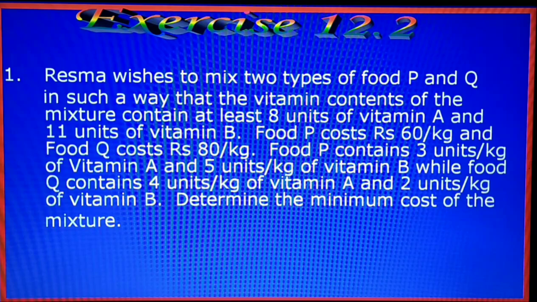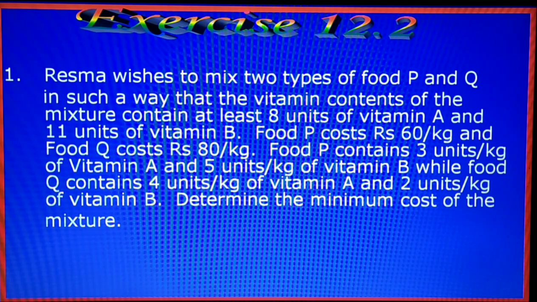Exercise 12.2, Question number 1. Reshma wishes to mix 2 types of food P and Q in such a way that the mixture contains at least 8 units of vitamin A and 11 units of vitamin B. Food P costs rupees 60 per kg and food Q costs rupees 80 per kg.